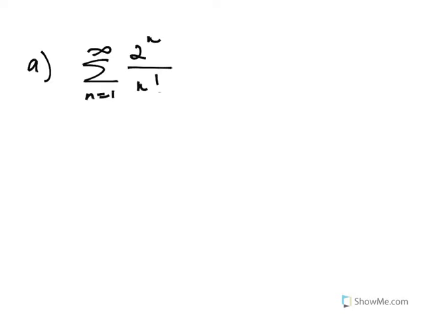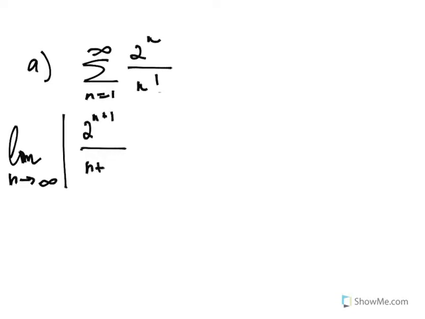And it's pretty simple. So this is what we're going to do. We're going to take the limit as n approaches infinity, the absolute value, and we're just going to add 1 to n, but then we're going to divide it by the actual original sequence, whatever they give us, 2 to the n over n factorial.